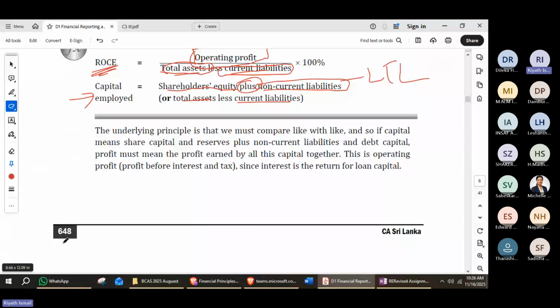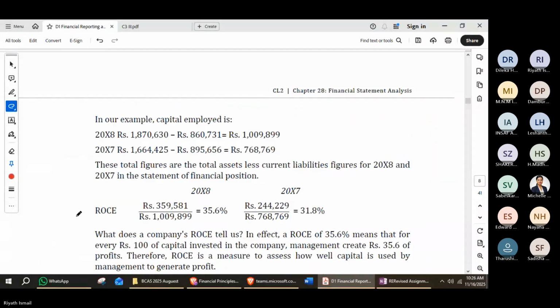Right. In our earlier example, in 2008, how much capital did they employ? This is total assets minus current liabilities. In the previous year, this is also total assets minus current liabilities.